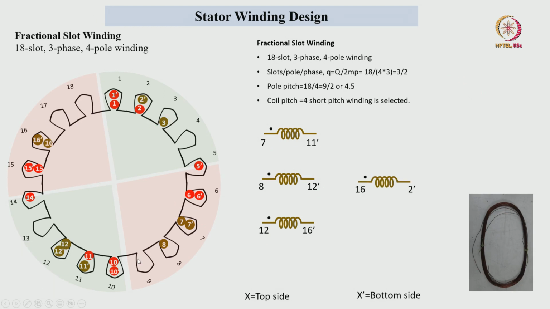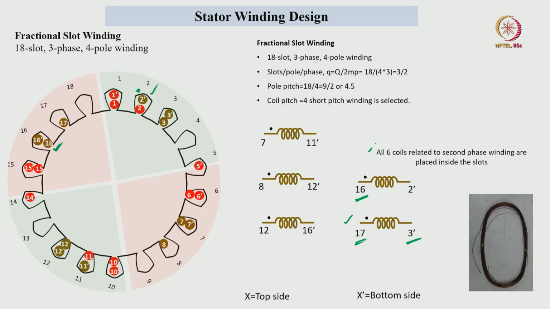Similarly, the coil related to the next phase we will place in the 16th slot top side and 2nd slot bottom side. We can see here initially we had not filled this position, but now the 16th slot to 2nd slot bottom we are connecting, and next the 17th slot top side to 3rd slot bottom side we are filling with the coil or conductors.